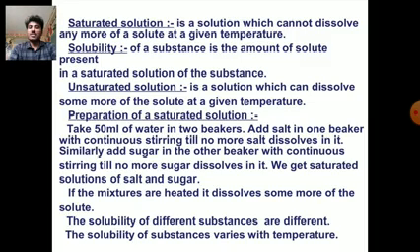We get saturated solutions of salt and sugar. If the mixtures are heated, they dissolve some more of the solute. The solubility of different substances is different. The solubility of substances varies with temperature.